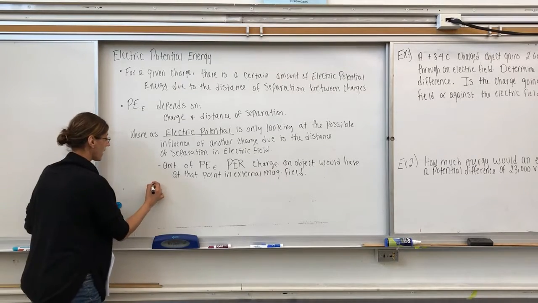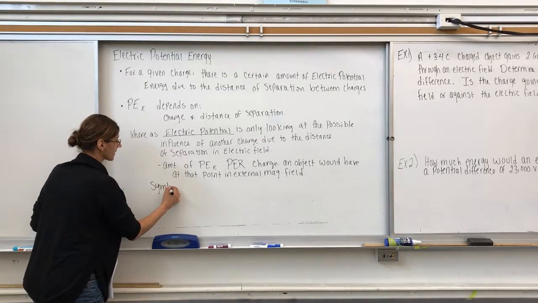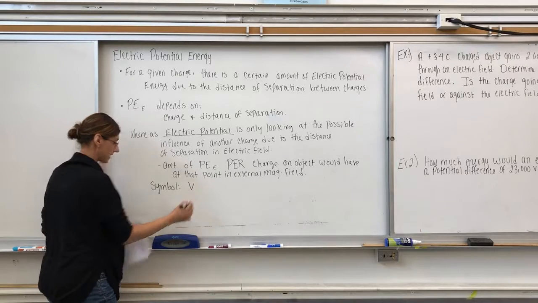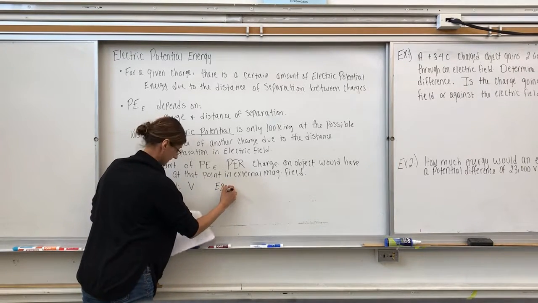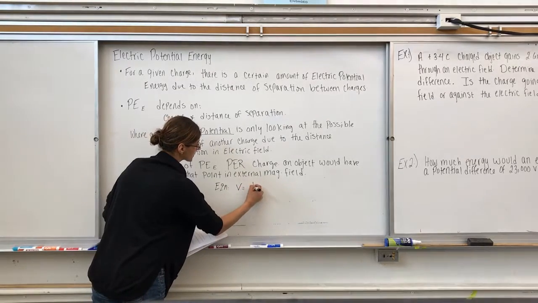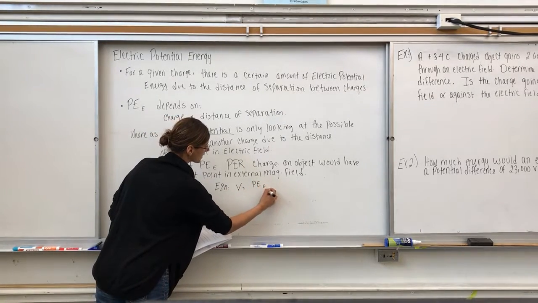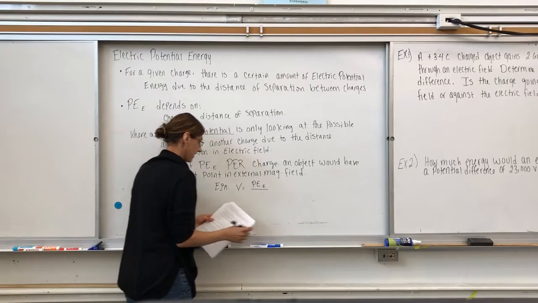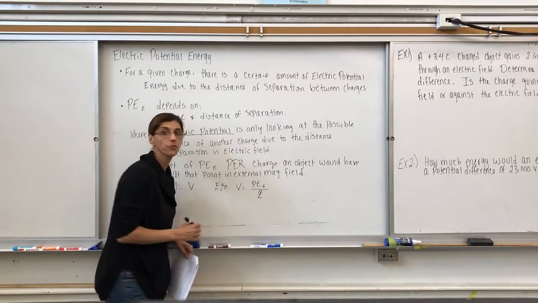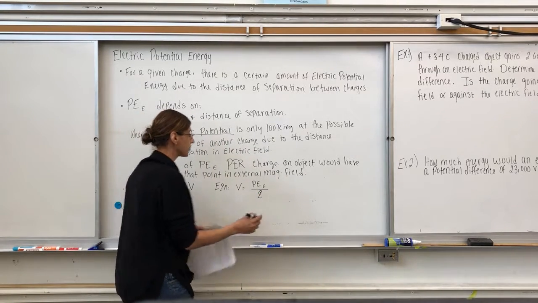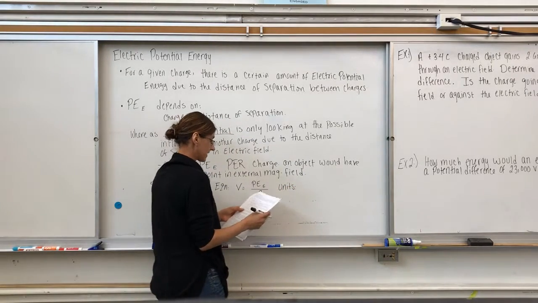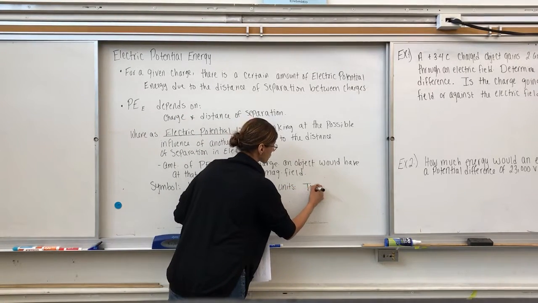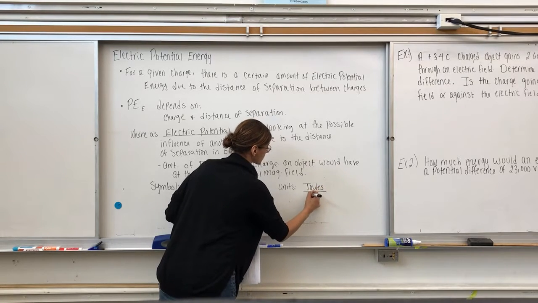So the symbol then will be V. The equation: V equals electric potential energy over the charge, Q. And the units, since electric potential energy is energy, are joules over charge in coulombs.